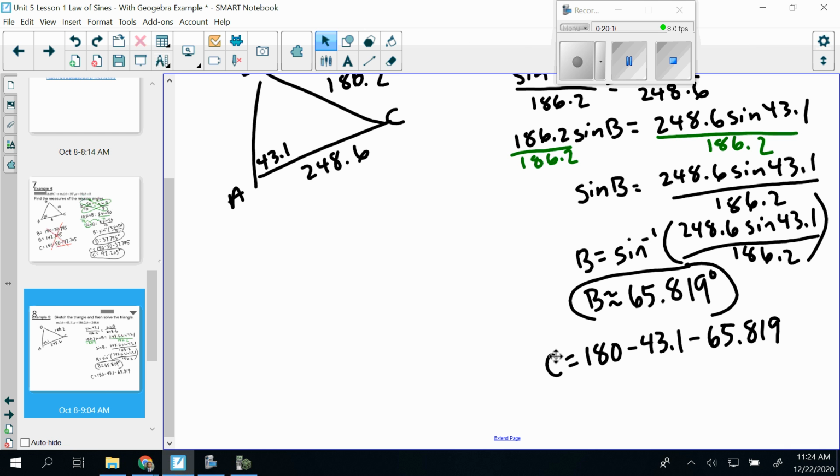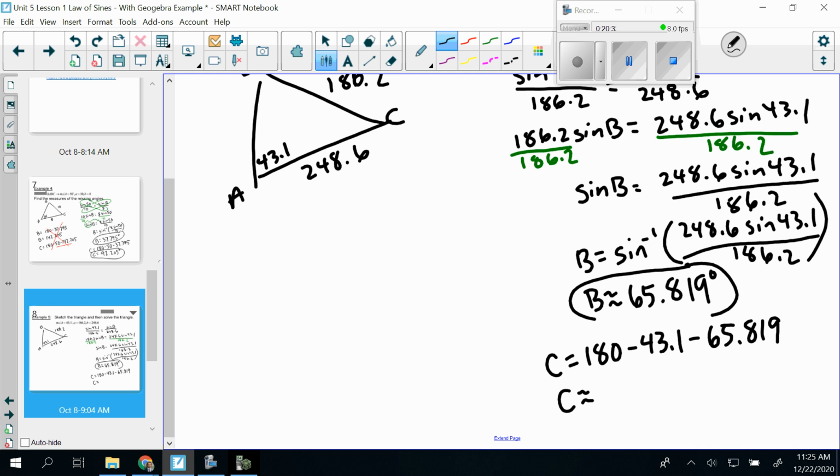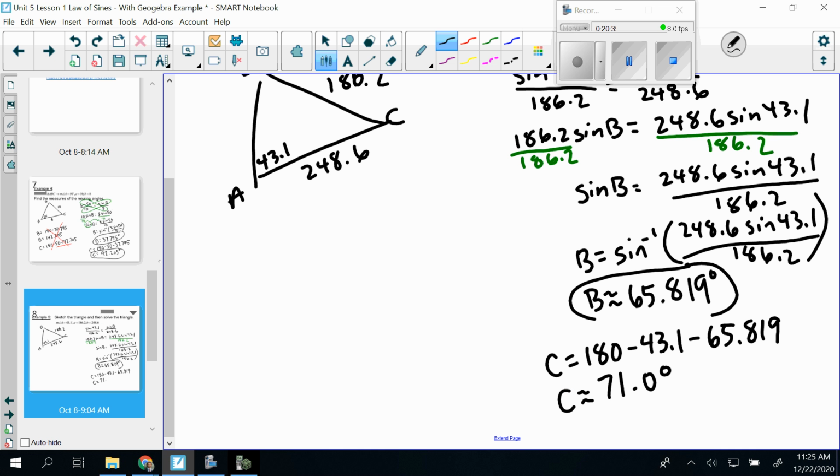If we put these in our calculator, we can get this angle C. And it looks like angle C is going to come out to be about 71.081. Okay, so we got all three angles.